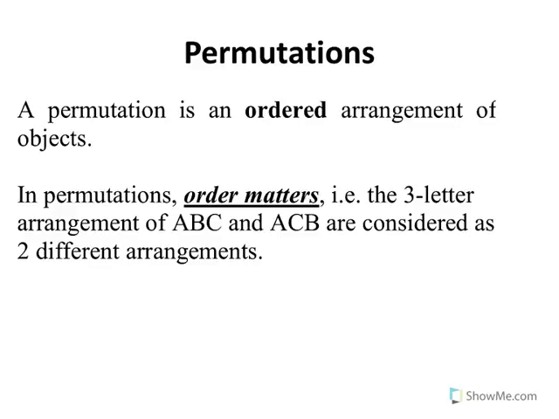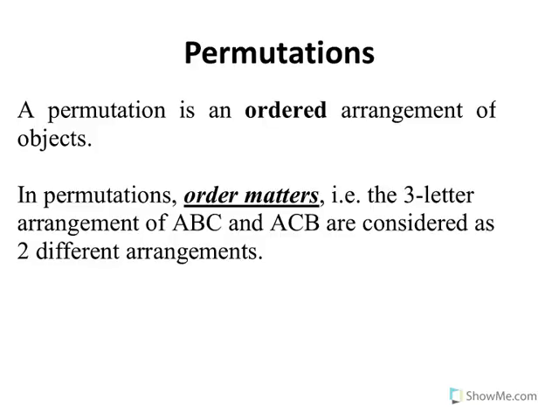A permutation, from your lecture notes, is an ordered arrangement of objects. In a permutation, the order matters. If I consider this arrangement and this arrangement, are they the same? No. I take 3 cones and arrange them, 1, 2, 3, 4, 5, 6.